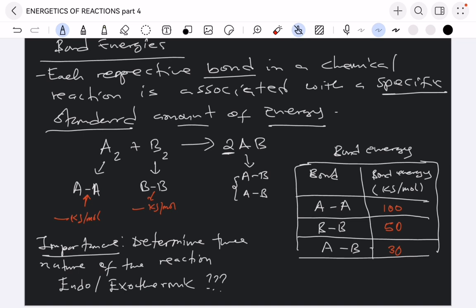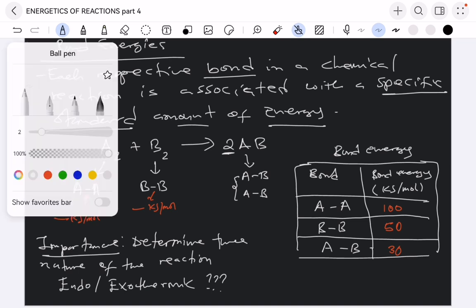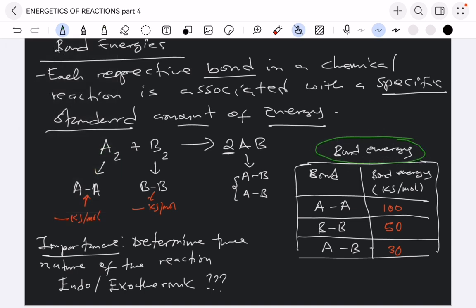So the answer is no. When you're just looking at it, you cannot determine whether the reaction is endothermic or exothermic. So this is where the calculation of the bond energies becomes crucial. So we can use the information of the bond energies to determine the nature of the reaction.